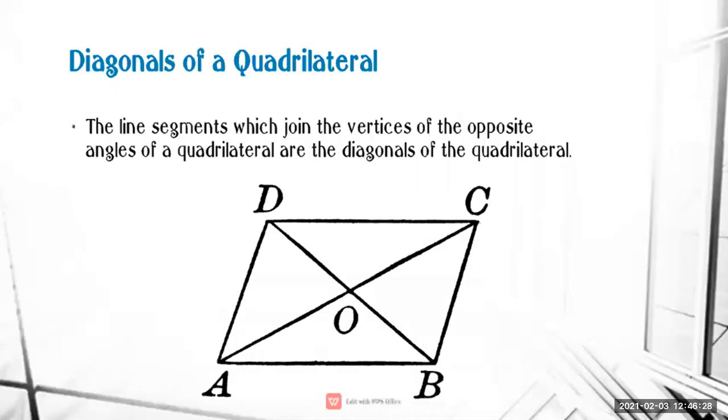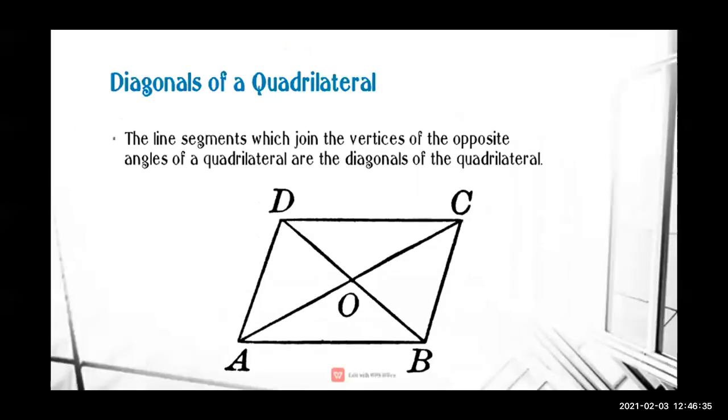Okay. Now we are going to learn a new thing, that is diagonal of a quadrilateral. See the explanation. The line segments which join the vertices of the opposite angles of a quadrilateral are called the diagonals of the quadrilateral.